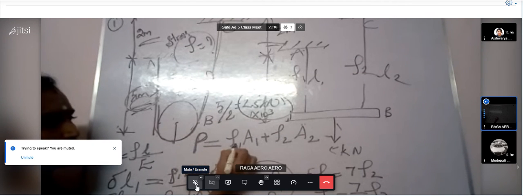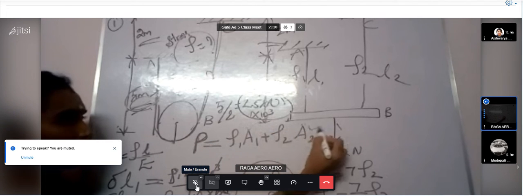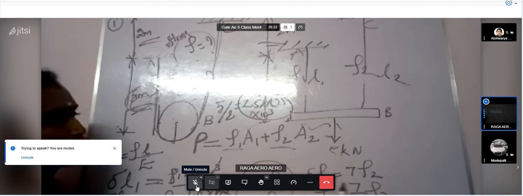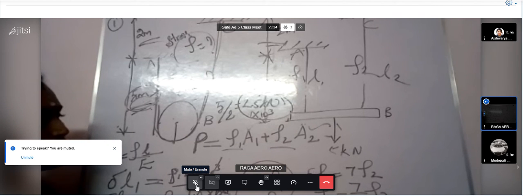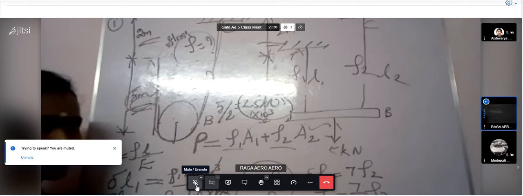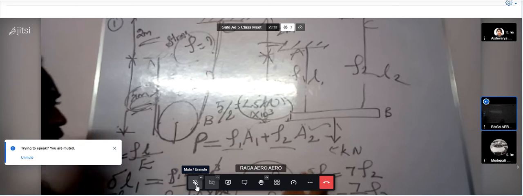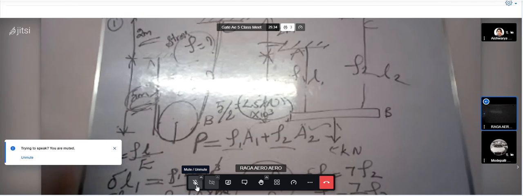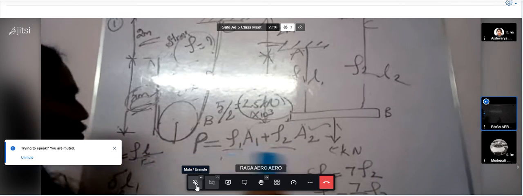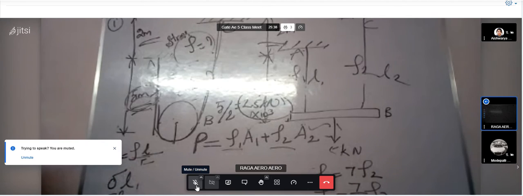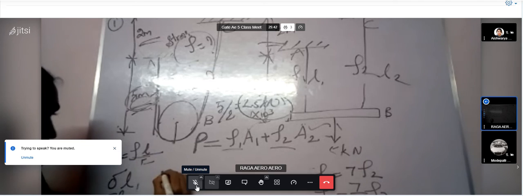So what we are taking is this relation: stress is equal to P by A. So now we know A1, A2. So P1, P2 we are having. Whether we can have it in terms of stress 1, otherwise we can have it in terms of stress 2. Anyway you can substitute and you will find out some load value in terms of stress.